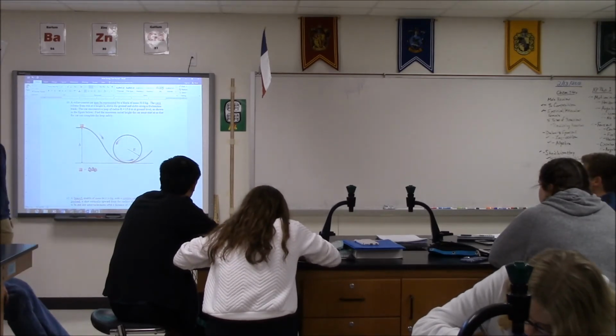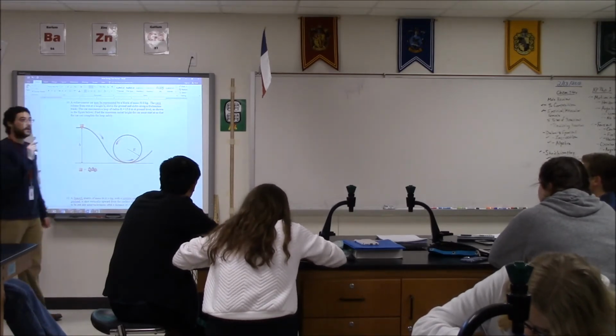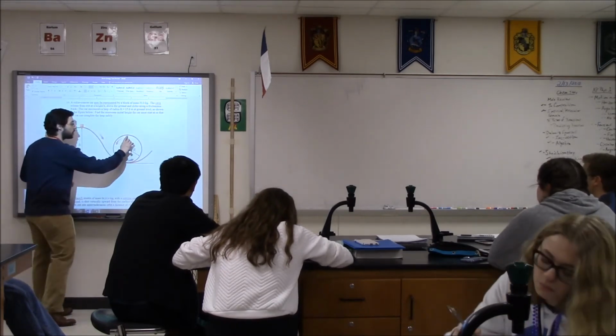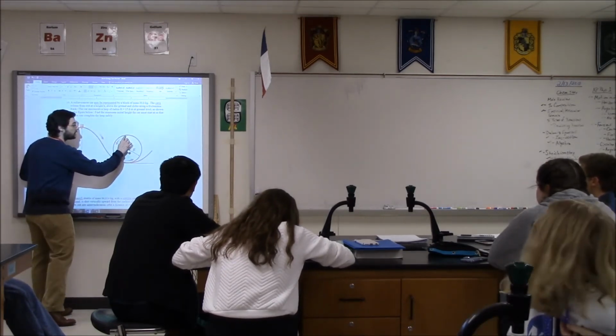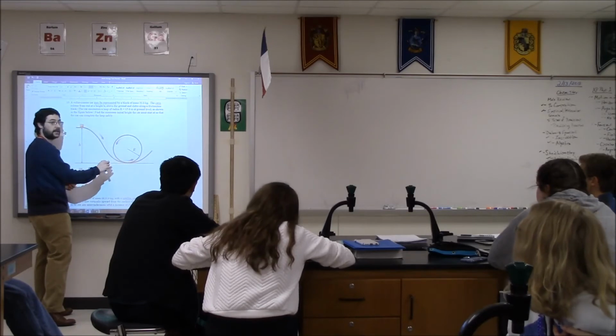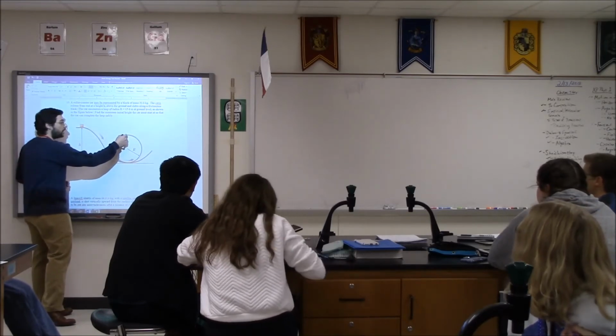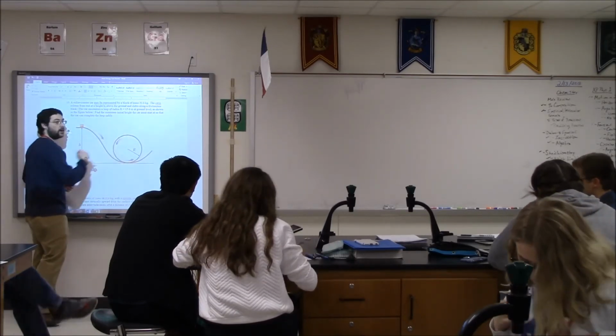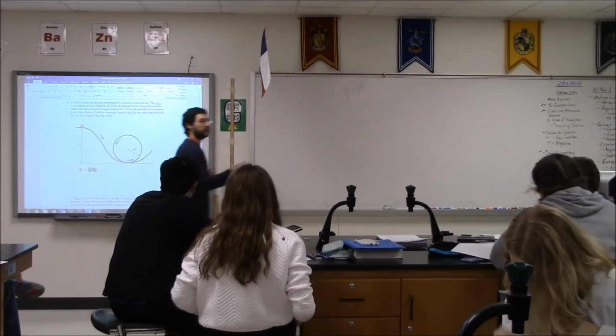What was the car going to do at that point? It was going to lose contact with the track, and it was just going to glide across the top and then finally make contact again, right? So we need to draw a free body diagram of the car when it's right there at the top of that loop.